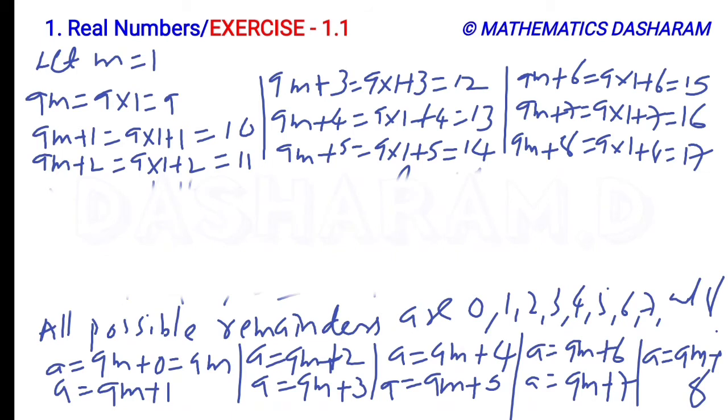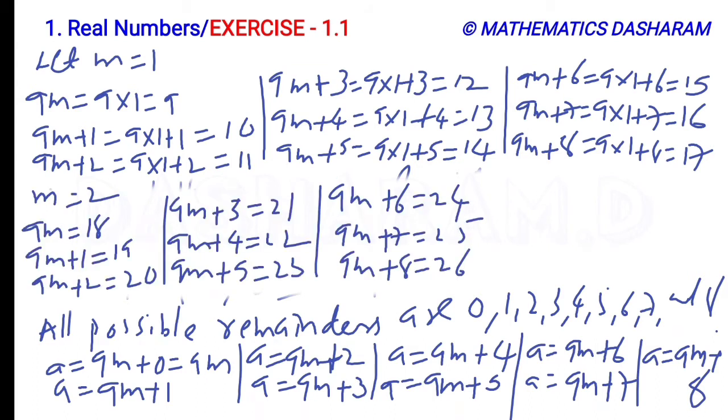So finally I got the first, 9m, answer is a perfect cube. Sorry, 9 is not a perfect cube, it is a perfect square. So out of all these numbers, I think no number is a perfect cube. Let's go with the next number, m equals 2. Here also I did not get a perfect cube.